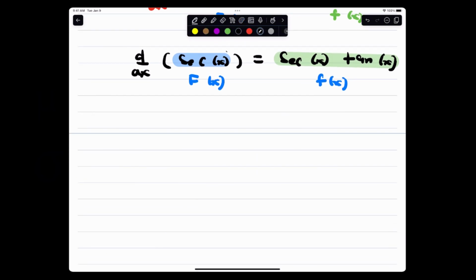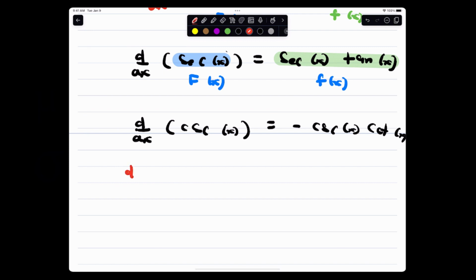Okay, what other derivatives do you guys know? Okay, what's the derivative of cosecant? Well, isn't it negative cosecant cotangent? So I'm going to get this out in red. Put the negative sign with cosecant. Now that gives you cosecant cotangent.